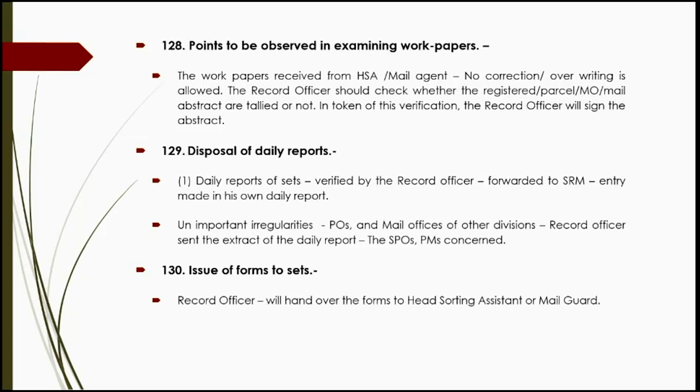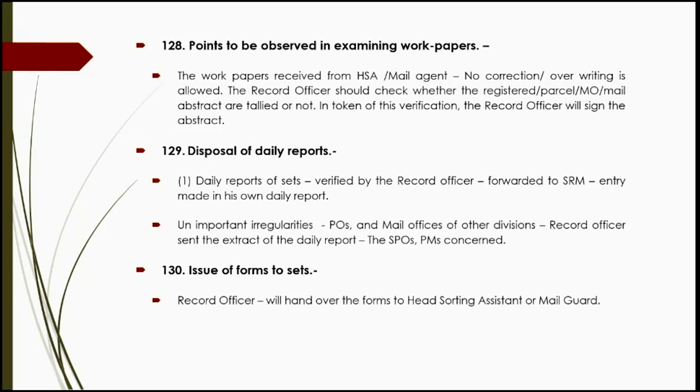Correction or overwriting can mean they are trying to adjust things or change the figures, which will literally lead to loss of articles or loss of bags. It can mean several things. That is why there should not be any correction or overwriting in a work paper, and the record officer should be keen on this.